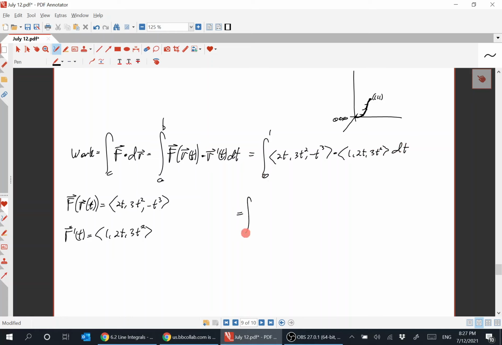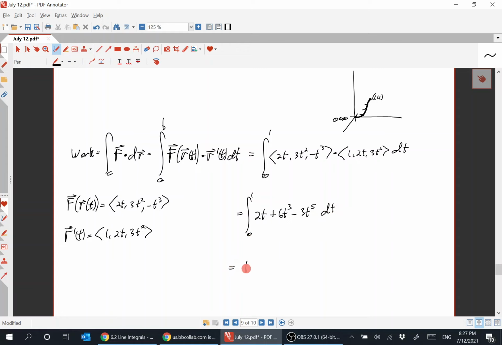So that's the integral from 0 to 1 of 2t plus 6t to the third minus 3t to the fifth dt.